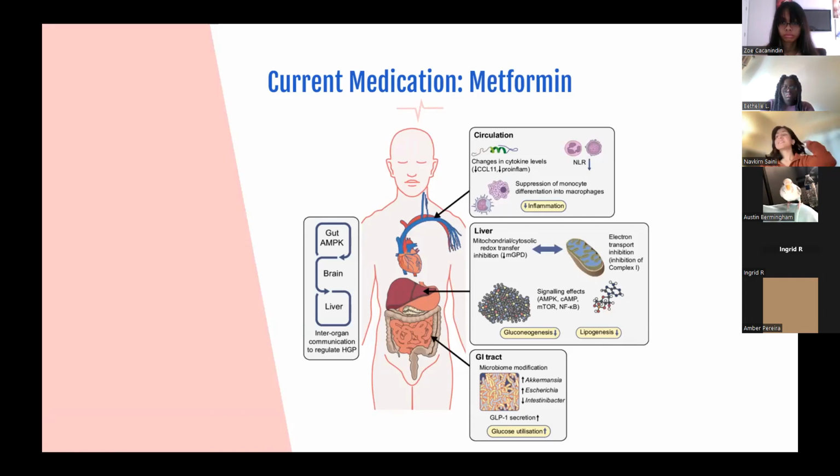And so as you can see here, metformin itself, even though it targets insulin resistance, does affect your body in other ways. We can see that it can impact your gut microbiome, and it can also impact other parts of your body. And it can lead to other things.